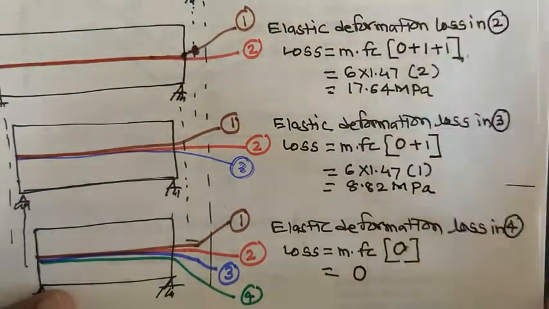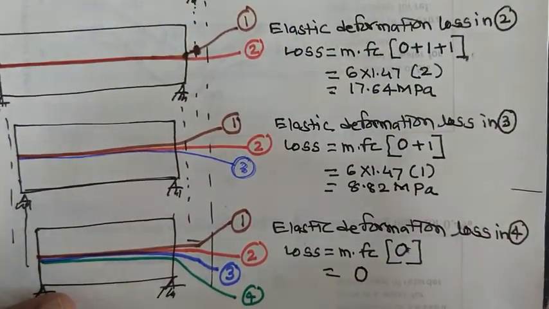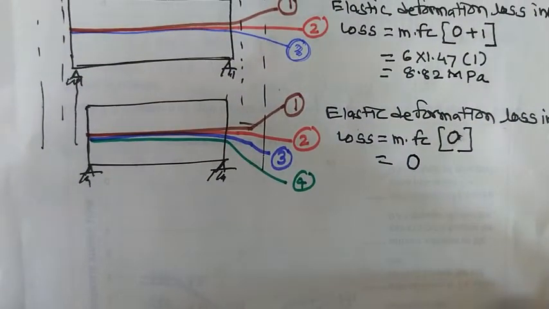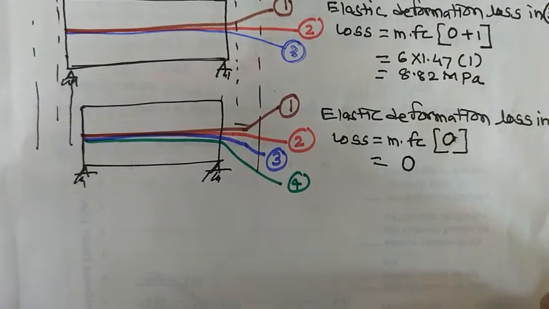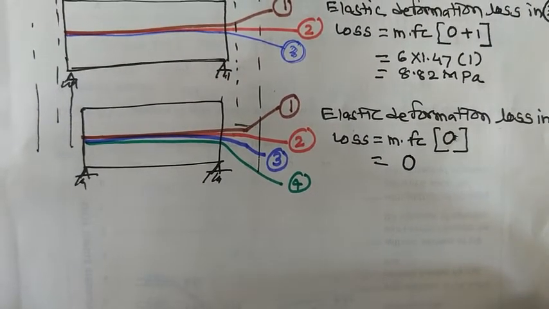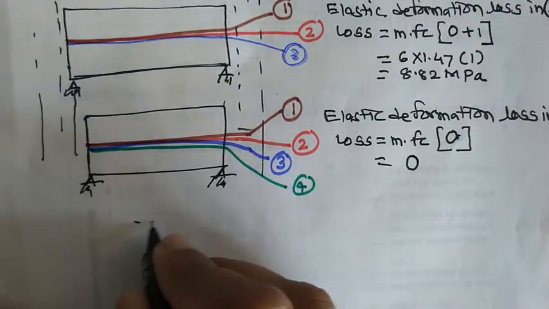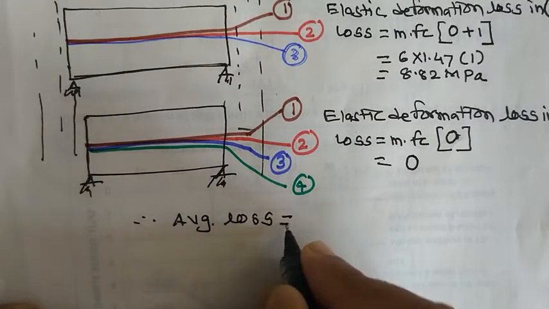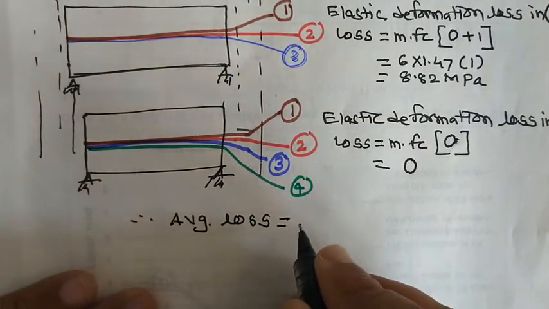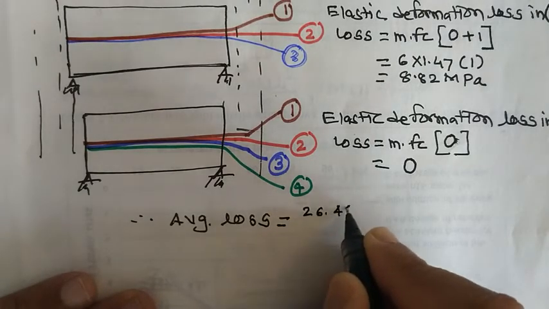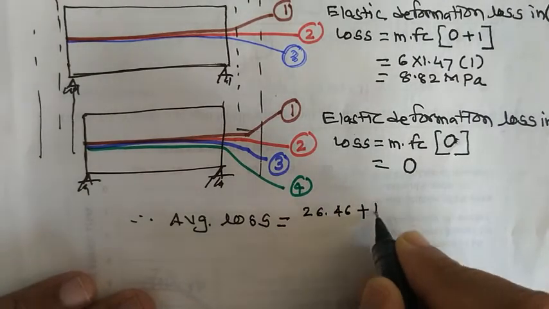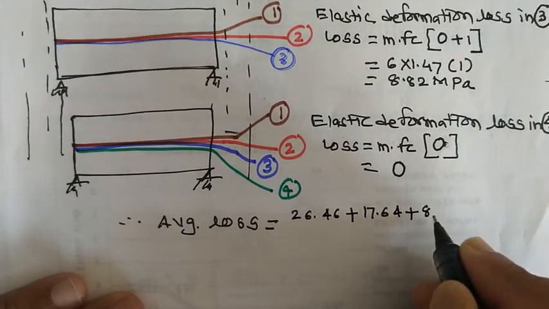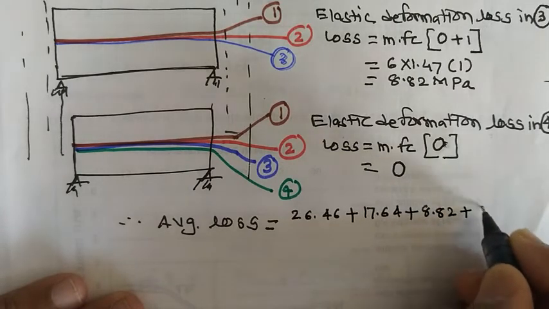Then how to find out the average loss and the percentage loss? The average loss and the percentage loss are different, so first you have to find out the average loss. The loss in the first wire is 26.46, in the second wire 17.64, in the third wire 8.82, and in the fourth wire 0.